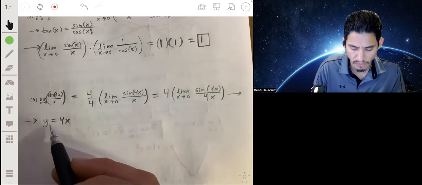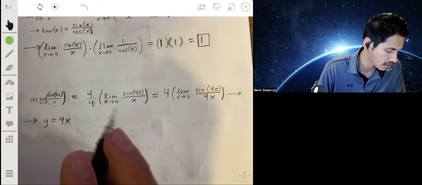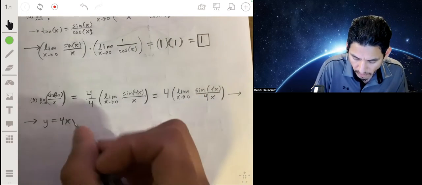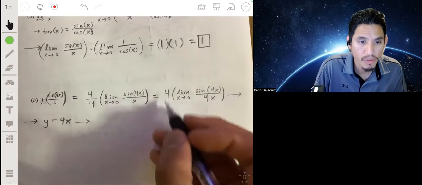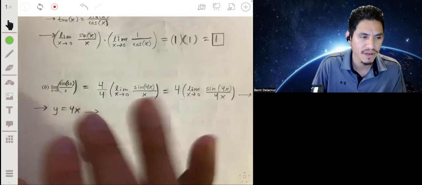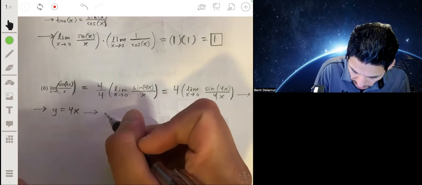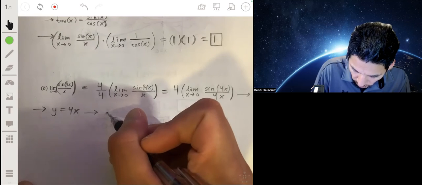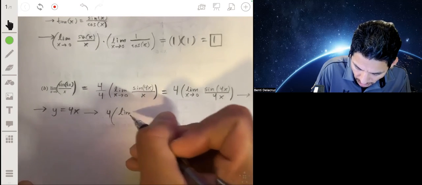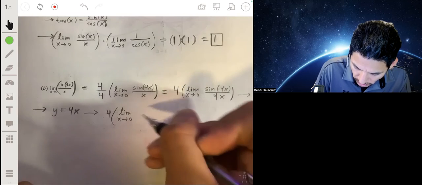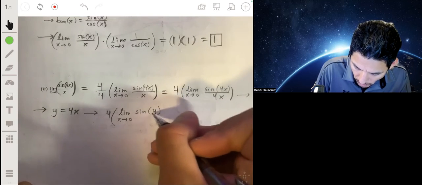We know that if x approaches 0, y approaches 0, so mathematically we're okay. What this limit then looks like is 4 times the limit as x approaches 0 of the sine of y over y.